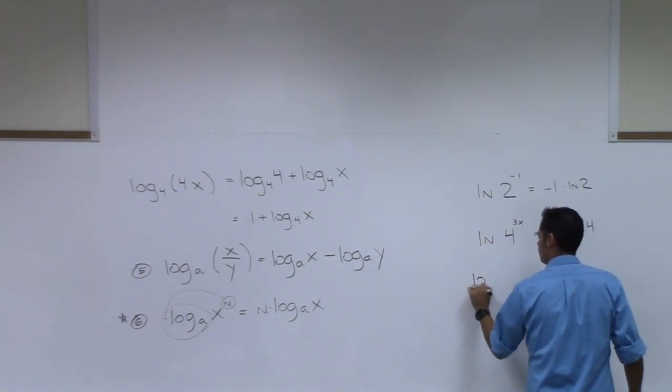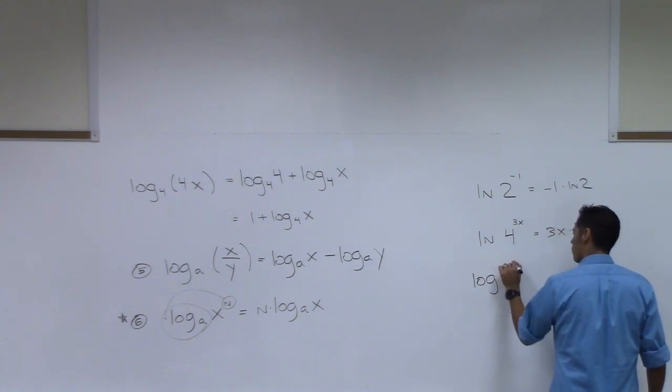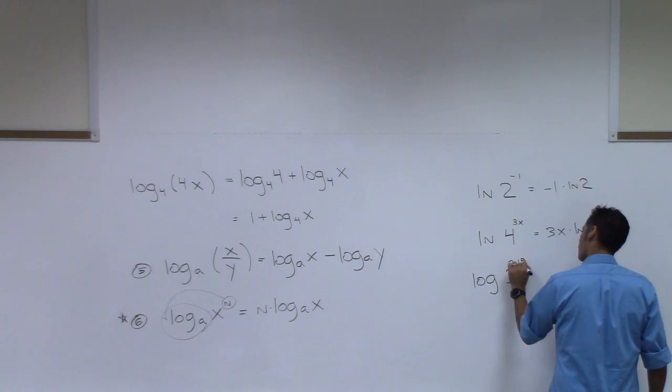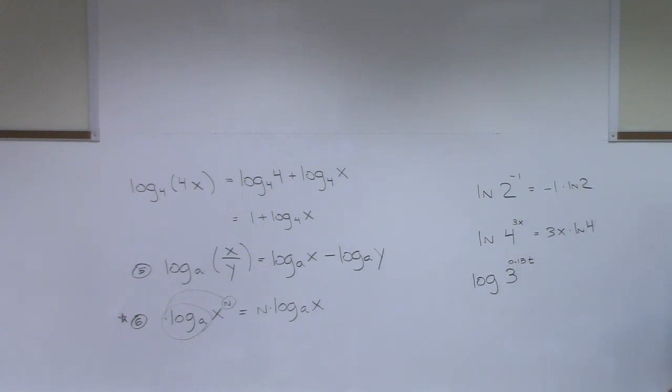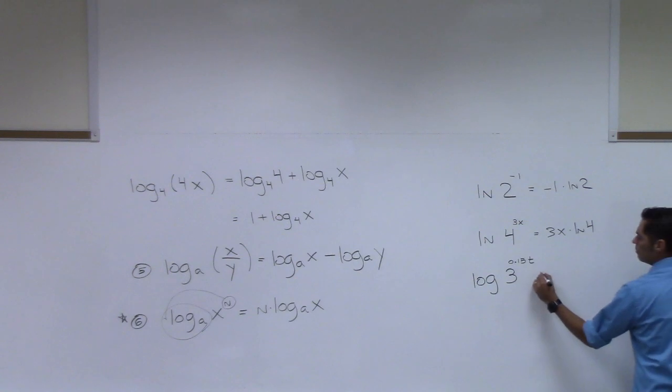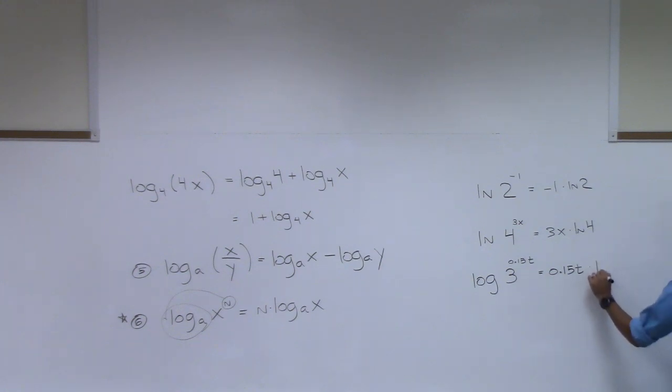One more. Log of 3 raised to the 0.15 t. I can rewrite that how? 0.15 t times log 3. All right?